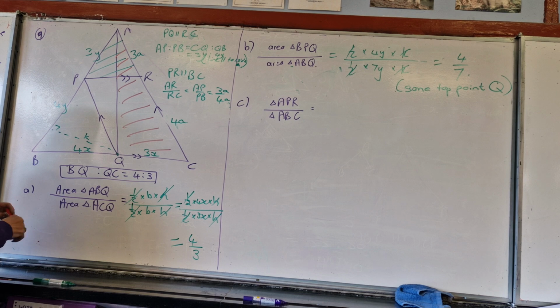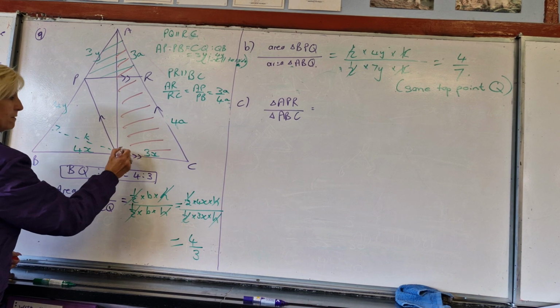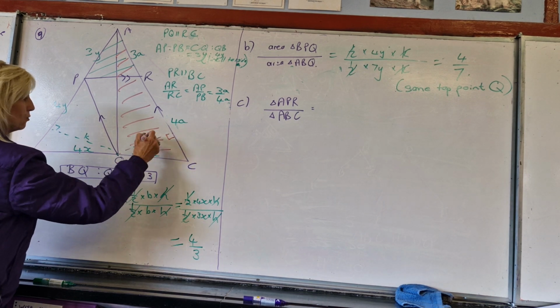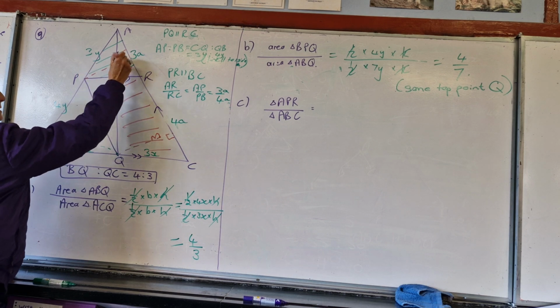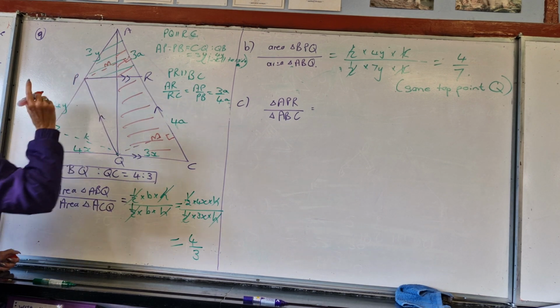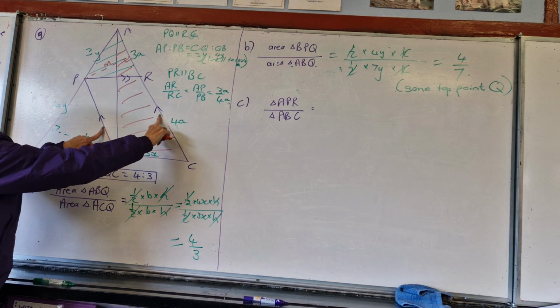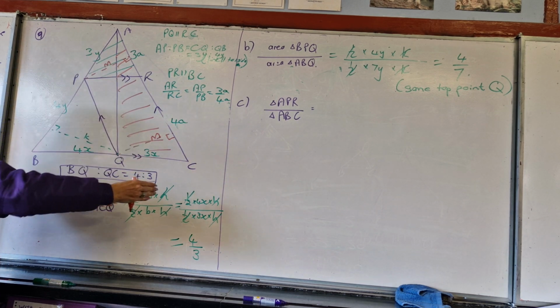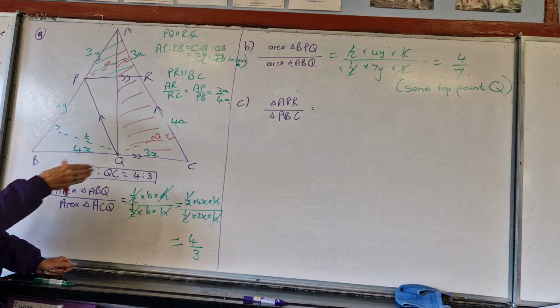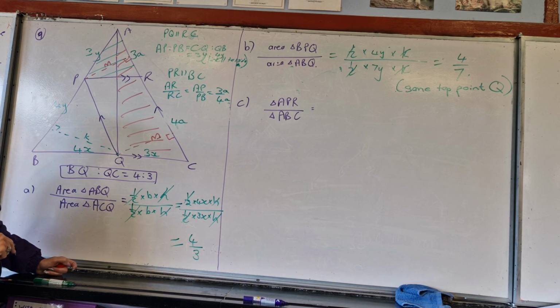If you wanted to draw it in, making chaos again for myself, that height there, call it M, would be the same as this height here, calling it M. Why is it the same? Because it's the distance between two parallel lines that never ever changes. So the parallel distance between them should always be the same.